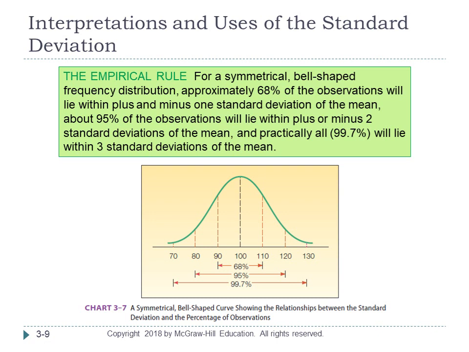Now 95% of the observations will lie within plus or minus 2 standard deviations of the mean. That is, if you take the interval from the mean minus 2 standard deviations to the mean plus 2 standard deviations, that interval will include 95% of the observations.